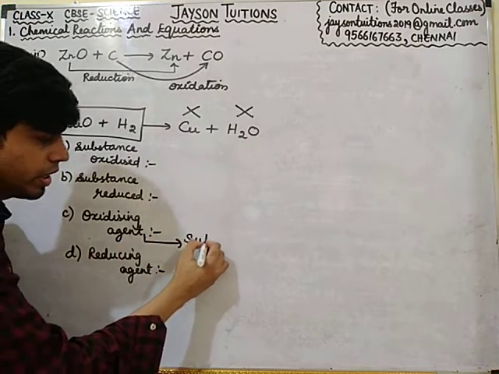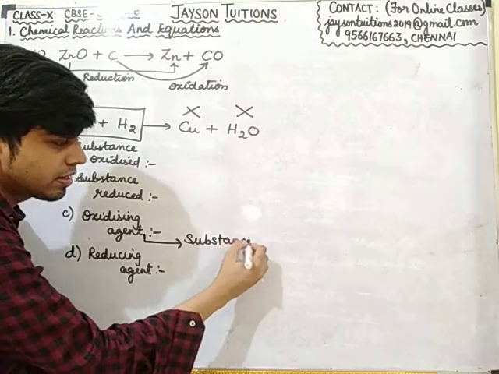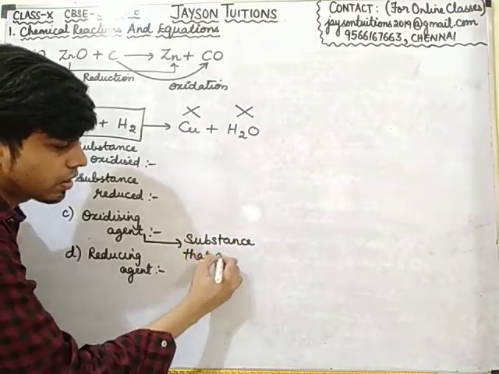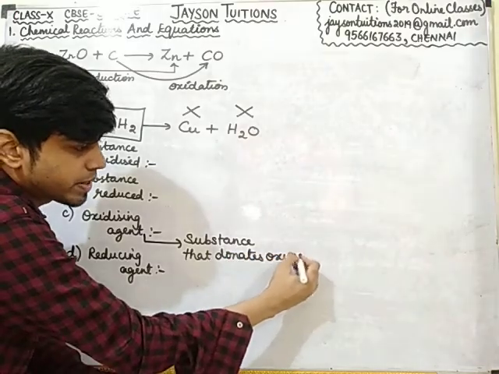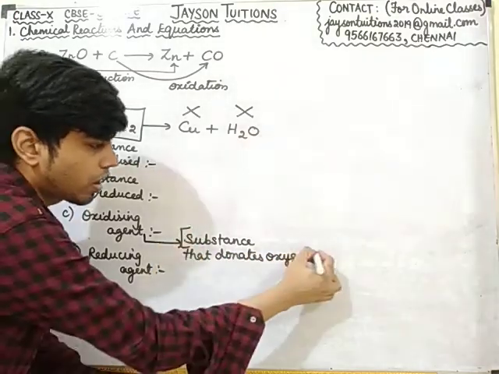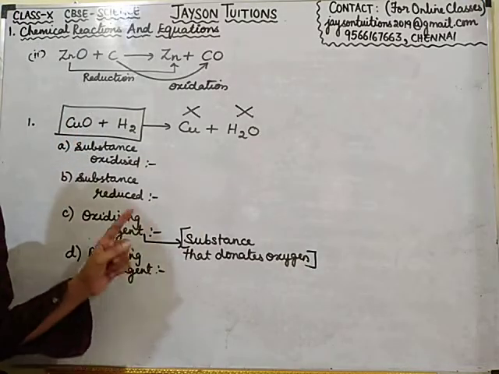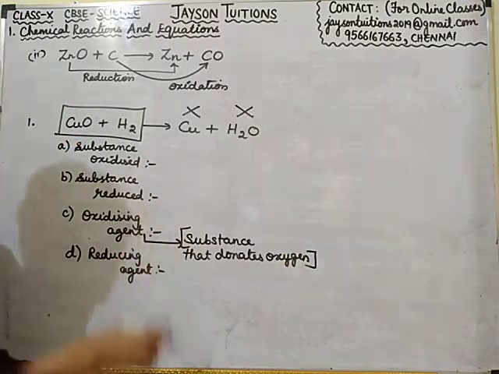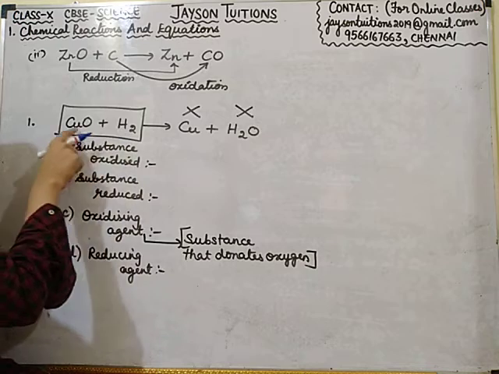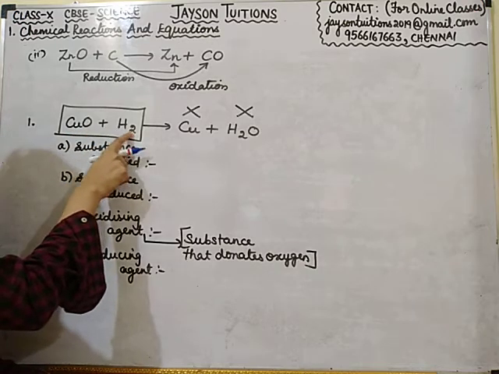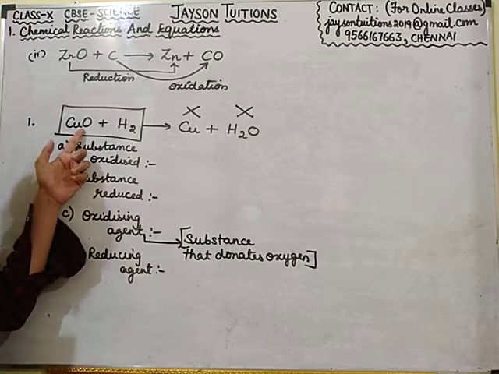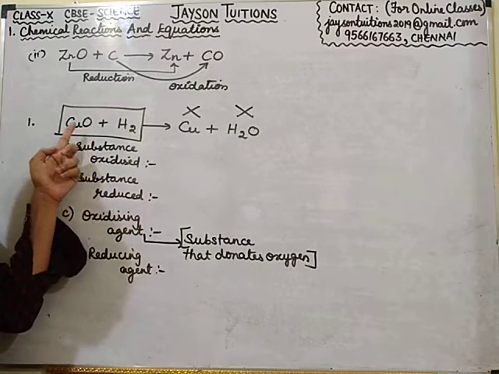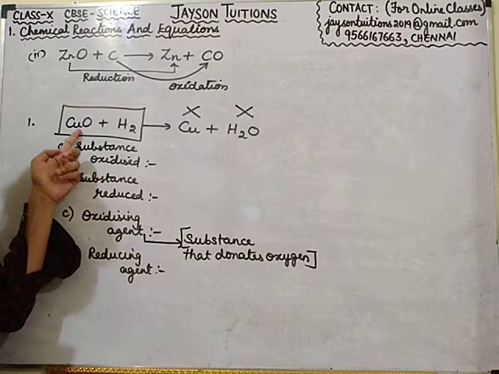Oxidizing agent means the substance that donates oxygen. Now here we have 2 substances, CuO and H2. Of these 2, which will donate oxygen? Only CuO has oxygen, so only it will donate oxygen.